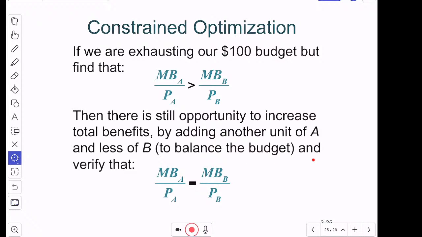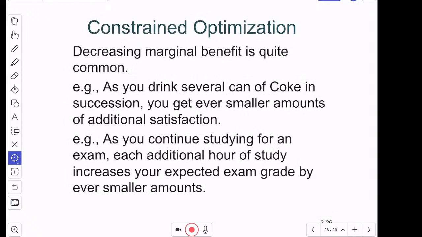Okay, so this is where we're headed, if we can achieve that.